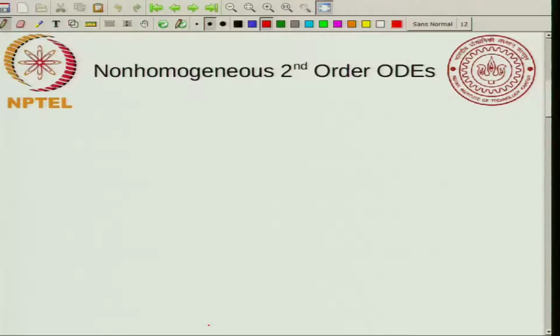So, just to remind ourselves, this non-homogeneous second order differential equation looks like this: y double prime plus a of x y prime plus b of x y equal to c of x. This is the general non-homogeneous second order differential equation, and we want a general solution.